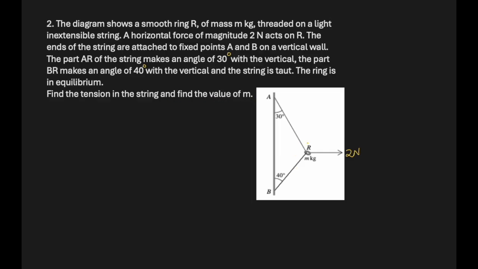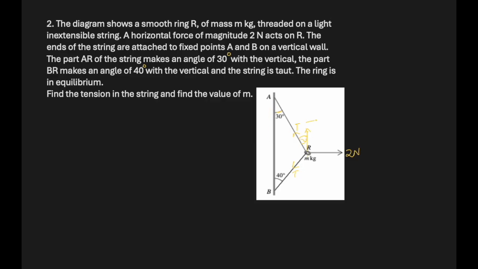Let's say that this is the tension here in this direction, and it will be the same string here, so this will also be the same tension T. The component of this tension in this direction: because this angle is 30, this angle will also be 30, being alternate angles of parallel lines and a transversal.